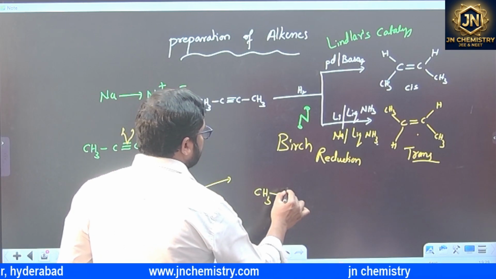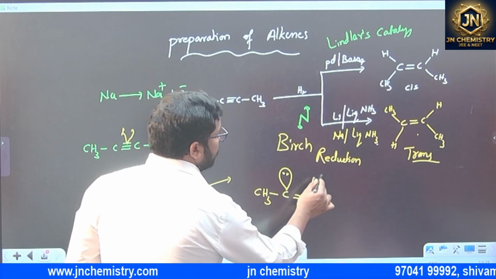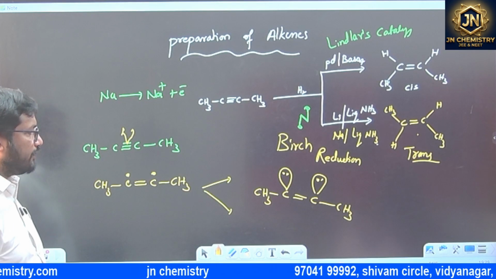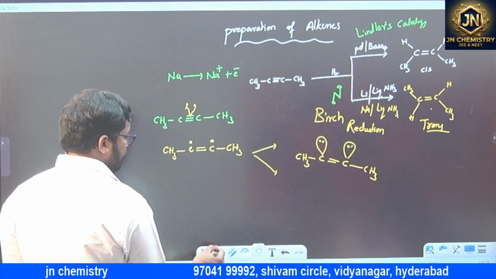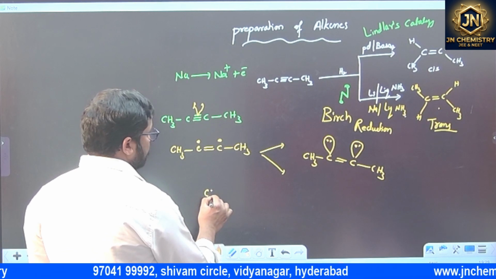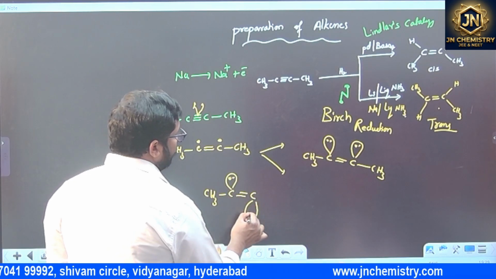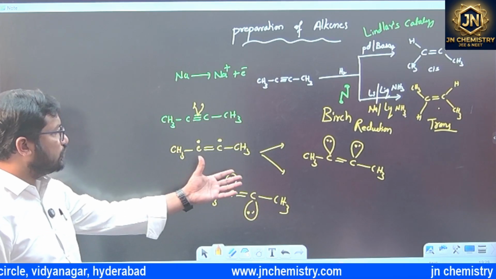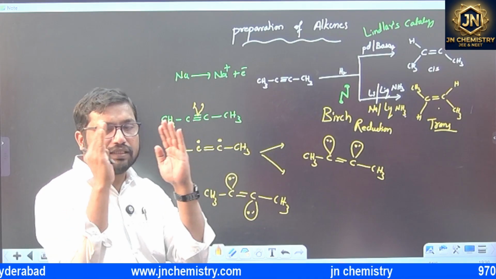CH3 C with a lone pair, double bond C lone pair CH3, one possibility, and one more possibility: CH3 lone pair double bond C lone pair CH3. Now let me know in these two cases which is more stable. This one is more stable because of the lone pair electron pair repulsions.